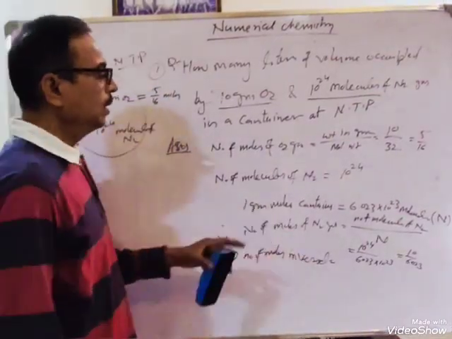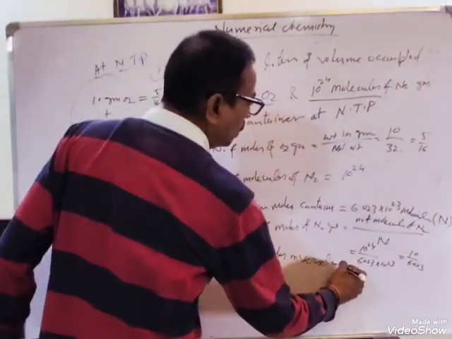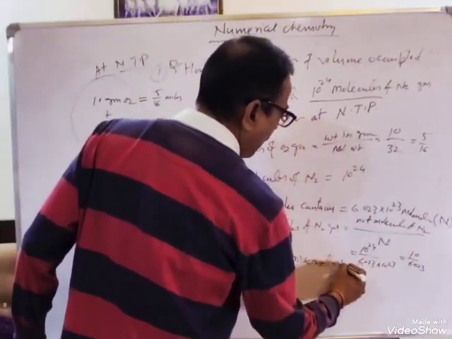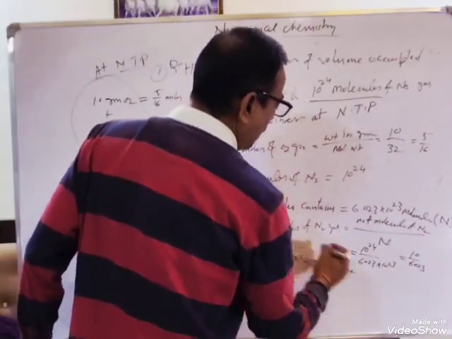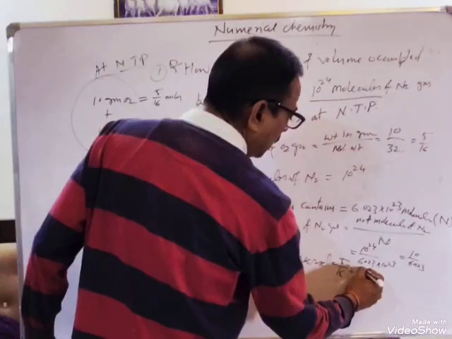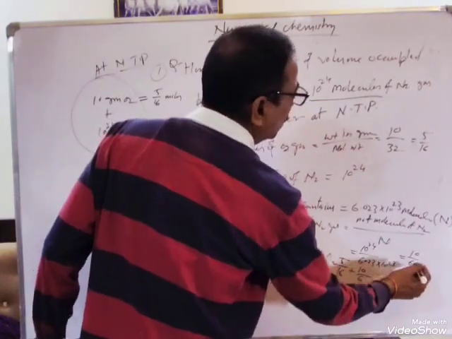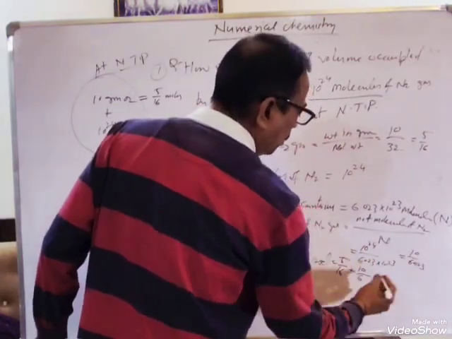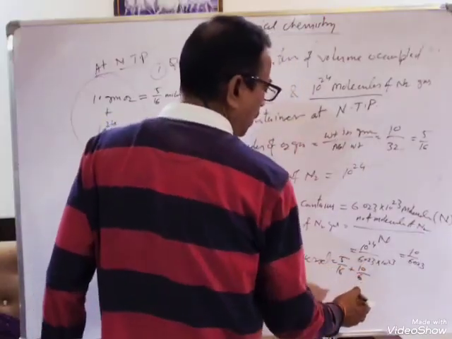So this is number of moles of oxygen 5 by 16 plus number of moles of nitrogen 10 by 6. You consider 6.023 approximately for calculation.